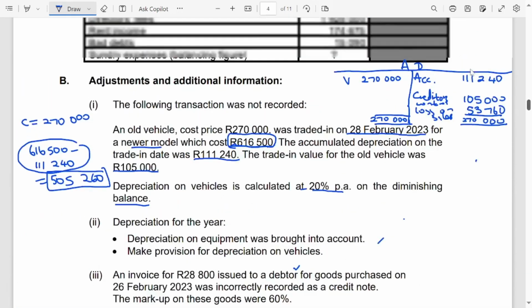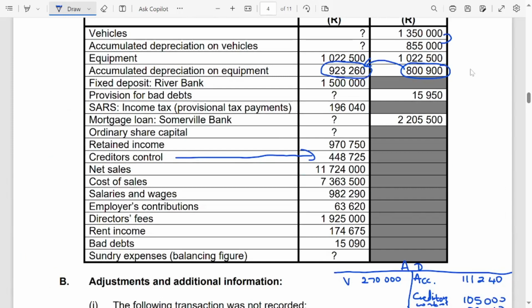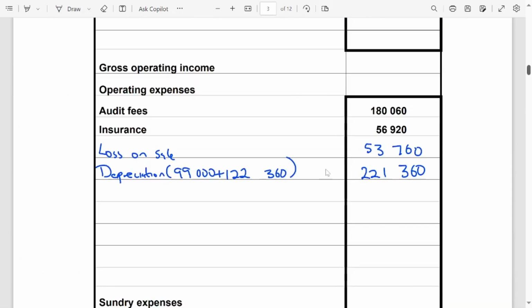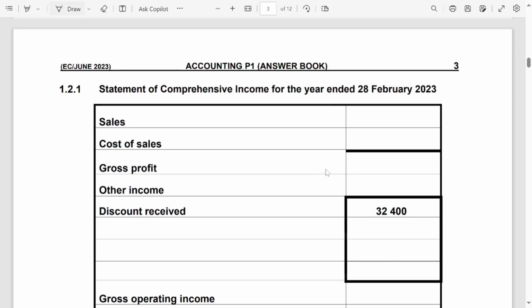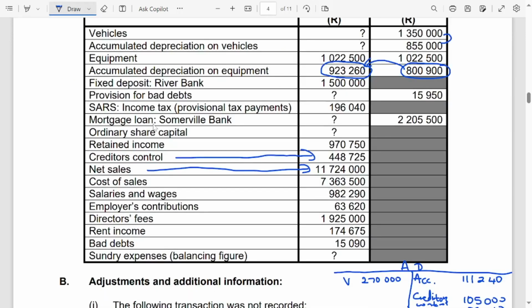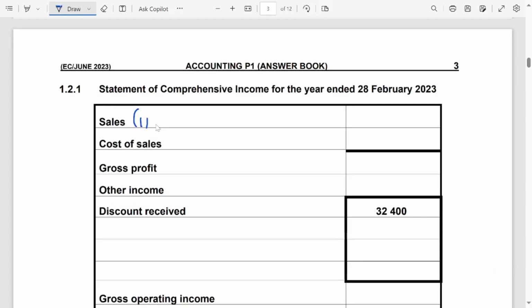Now, back to the sales and cost of sales. So here, we have got the net sales. Net sales means that the debtors allowances have already been subtracted. So it's 11,724,000.